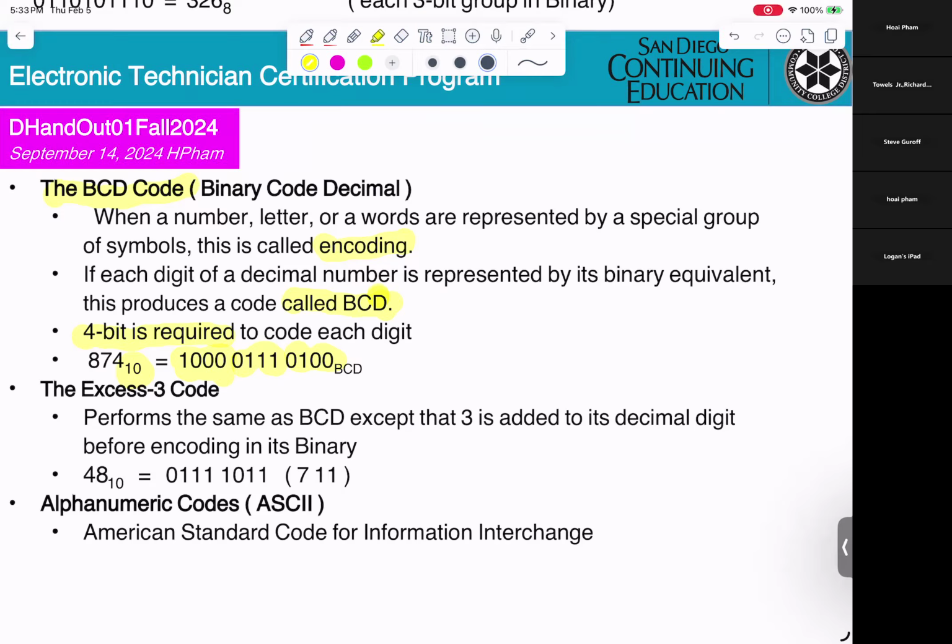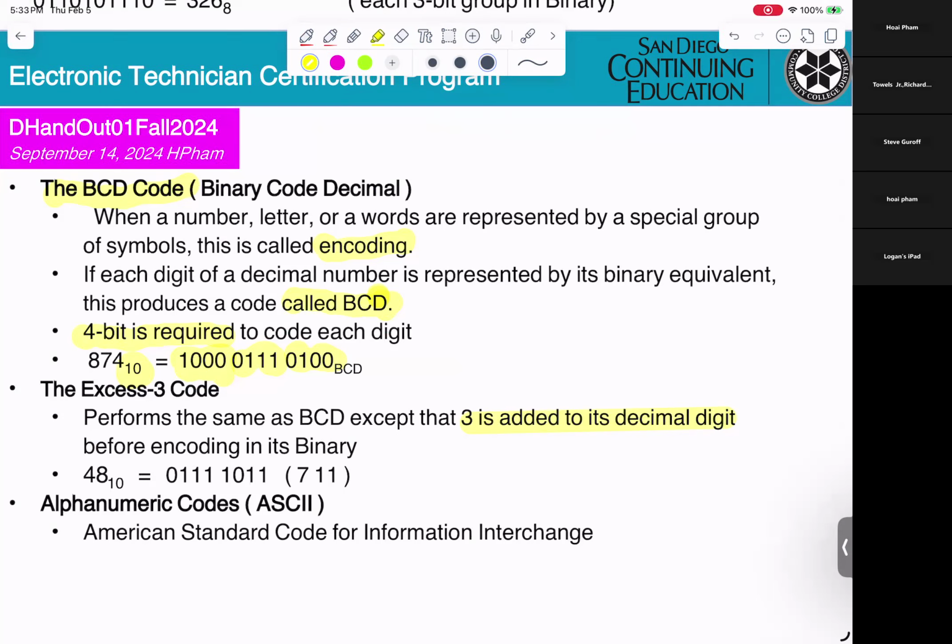And the excess-3 code performs the same as BCD, except that 3 is added to each decimal digit before encoding into binary. We don't care about that. We're not using it.